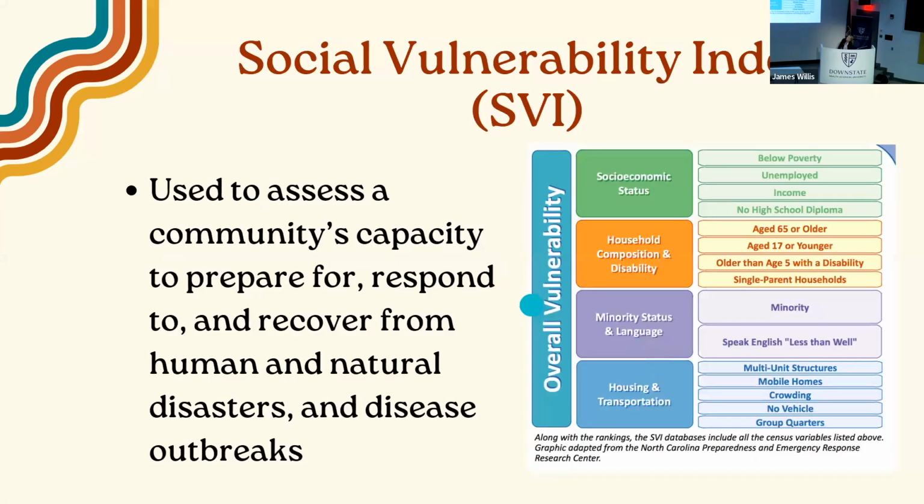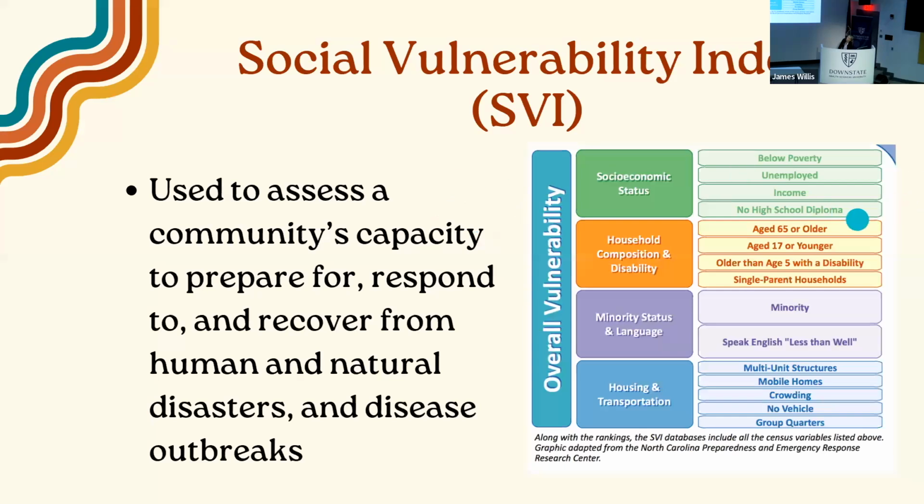Flooding can actually be expanded to talk about a range of natural and human-made disasters, and communities vary in their ability to respond to things like flooding, different natural disasters, as well as different disease outbreaks. And so a measure that we can look at is the Social Vulnerability Index, or SVI. This is a widely used measure to assess a community's capacity to prepare for, respond to, and recover from different disasters and disease outbreaks.